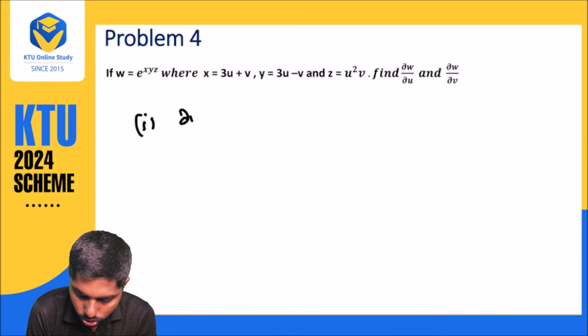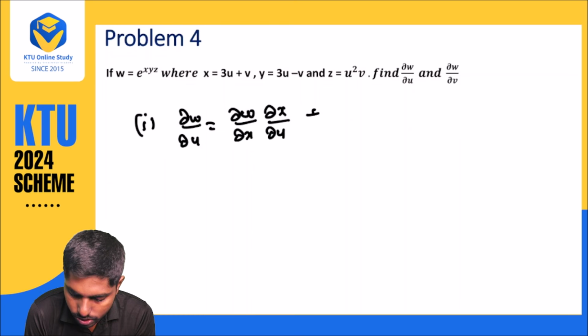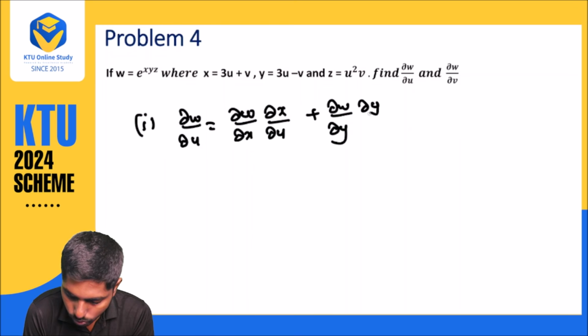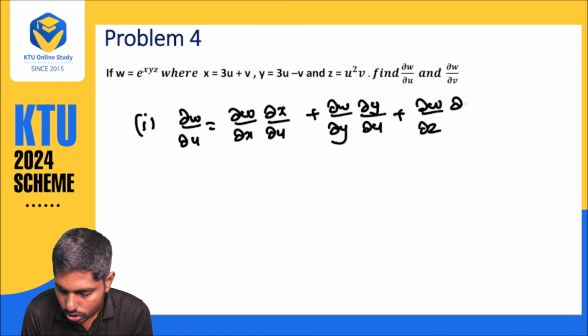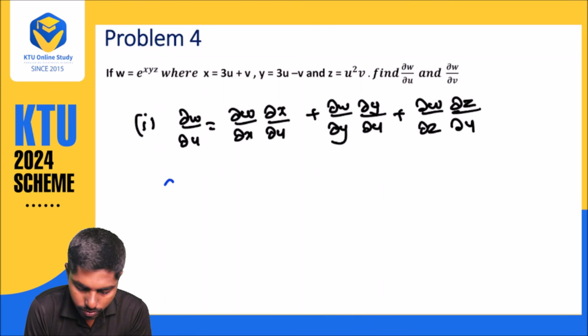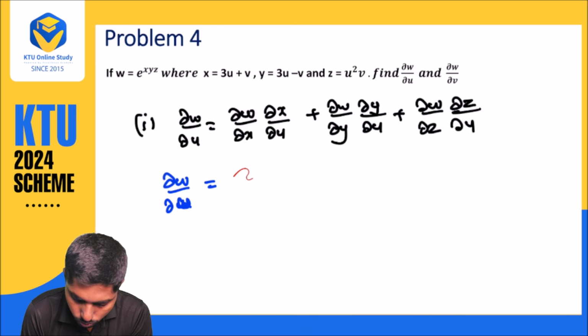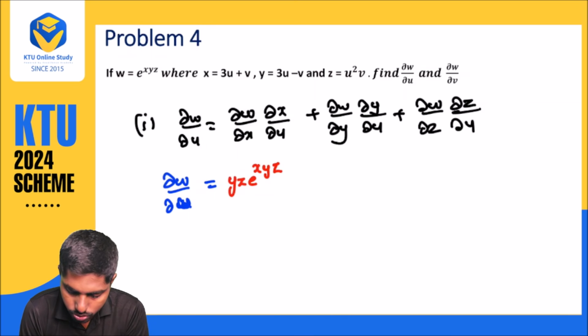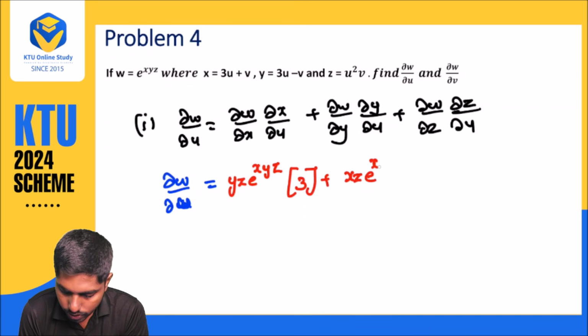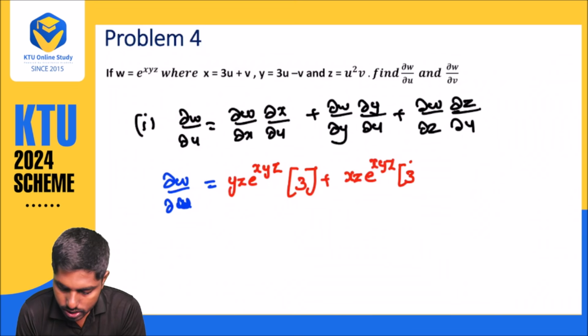The formula is ∂w/∂u equals ∂w/∂x times ∂x/∂u plus ∂w/∂y times ∂y/∂u plus ∂w/∂z times ∂z/∂u. Substituting each value: ∂w/∂x is yz into e power of xyz, and ∂x/∂u is 3. Similarly ∂w/∂y is xz e power of xyz, and ∂y/∂u is 3. And ∂w/∂z is xy e power of xyz, and ∂z/∂u is 2uv.